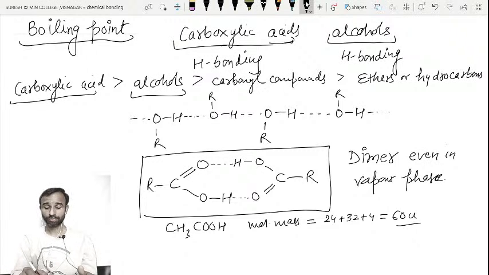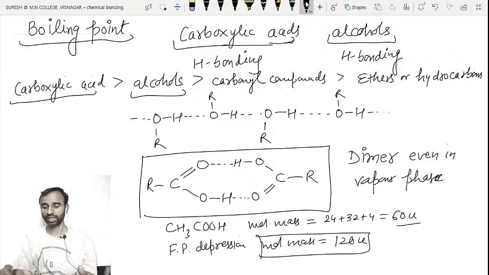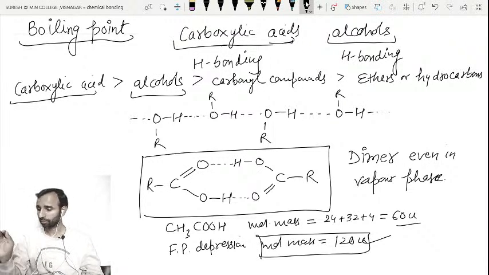But as per freezing point depression, a colligative property, its molecular mass comes out to be 120. So what does it indicate? That it always exists as a dimer. And that's why their boiling point is always higher than that of alcohols of corresponding molecular masses.